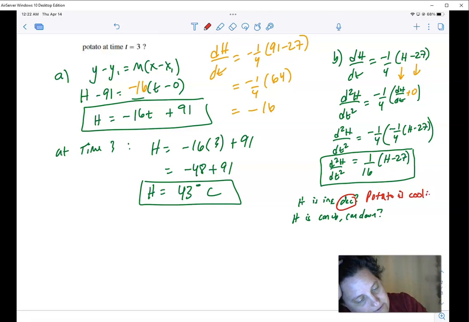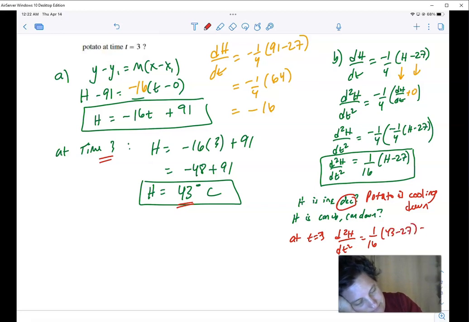Now, is it concave up or concave down? At time 3, we just said that h was 43 degrees Celsius, because we got to find out if this is an under or an overestimation. So at time 3, the second derivative is 1/16 times 43 minus 27.